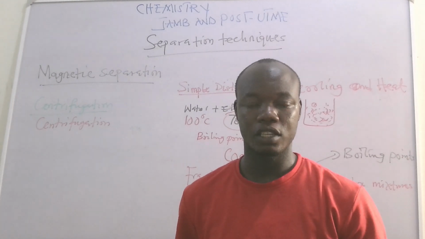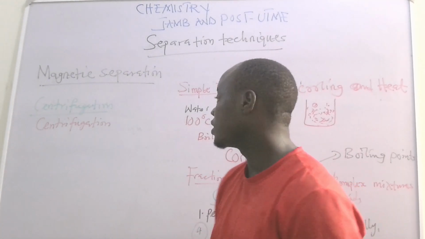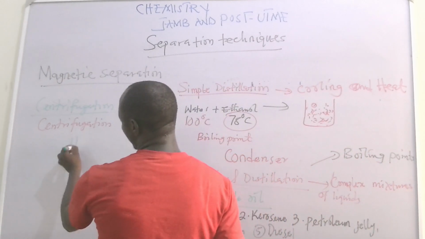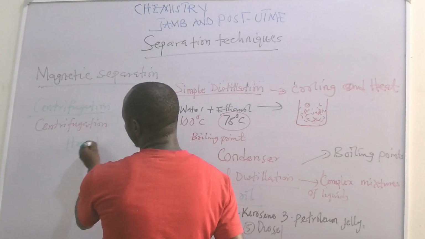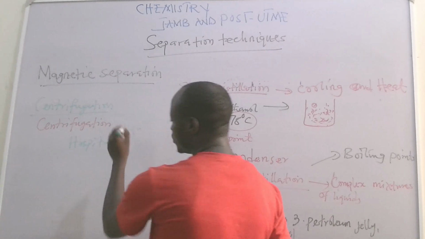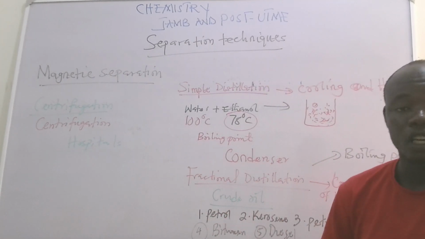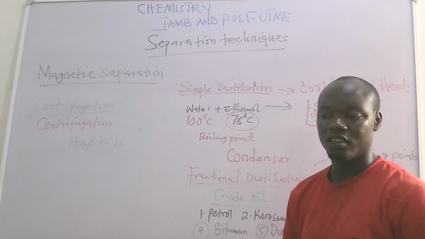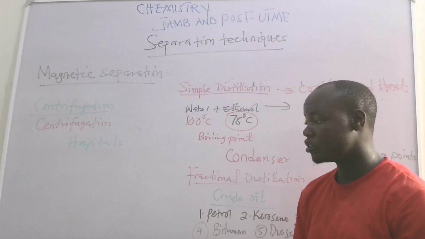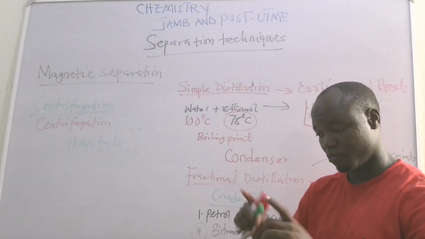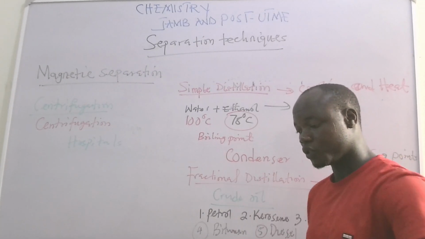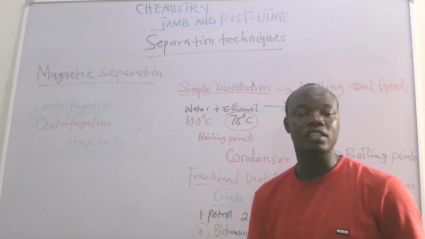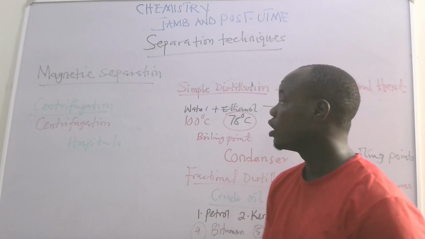That is why we usually use centrifugation machines in hospitals to carry out blood analysis, because when you centrifuge blood, different components settle down and you can easily detect what you want to detect.